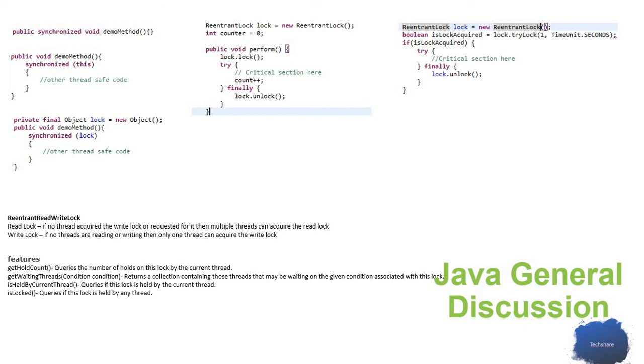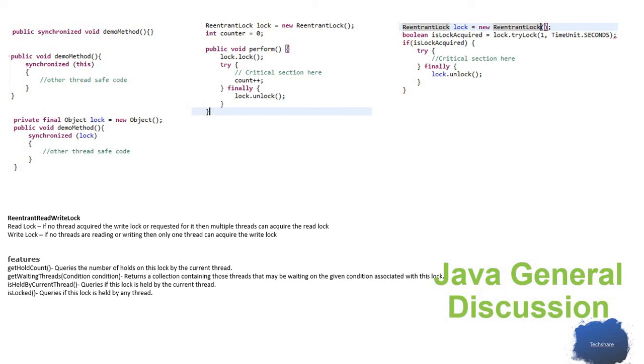All these features we get as part of the locking mechanism, so we can use them to implement more efficient code. That is one of the biggest pluses of using the lock mechanism.